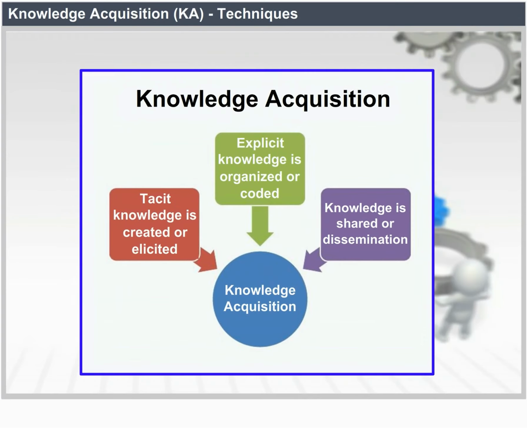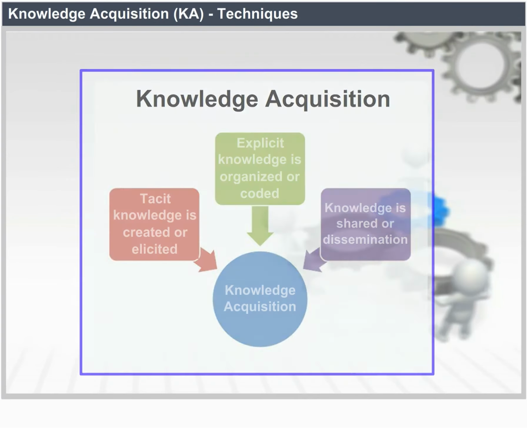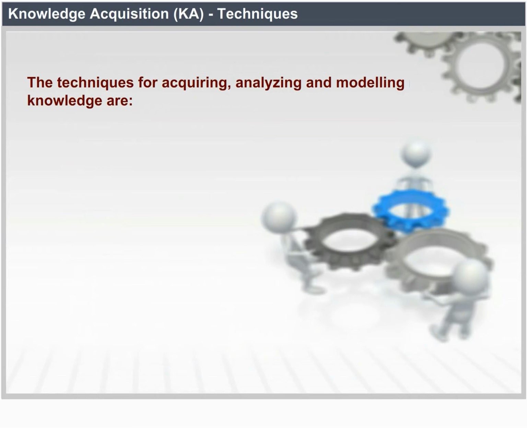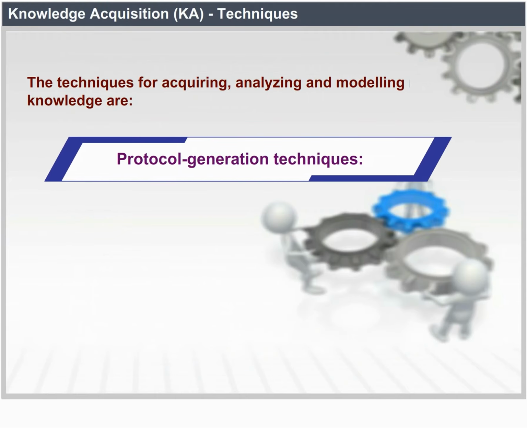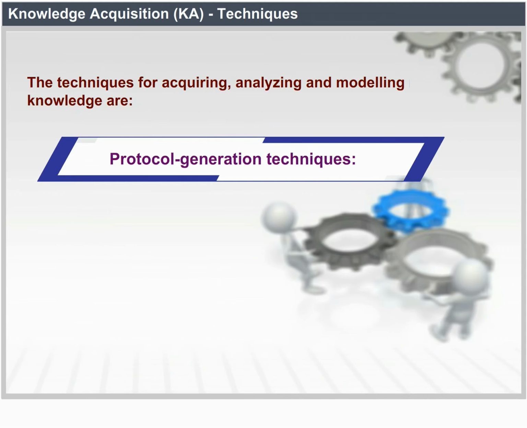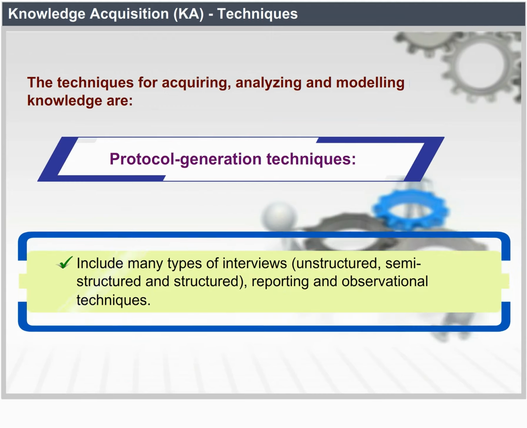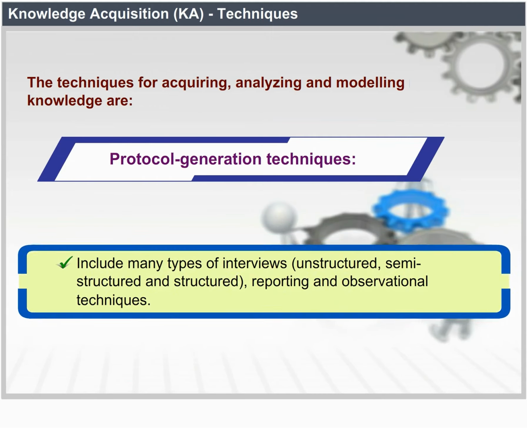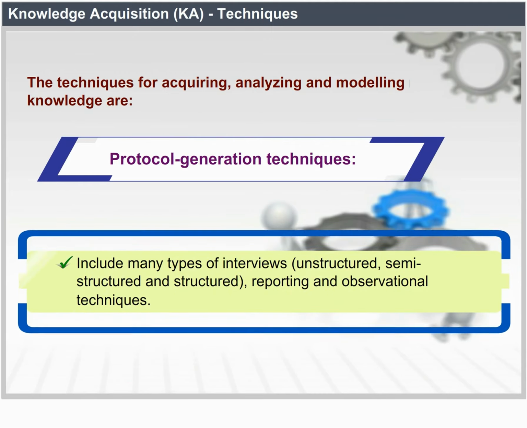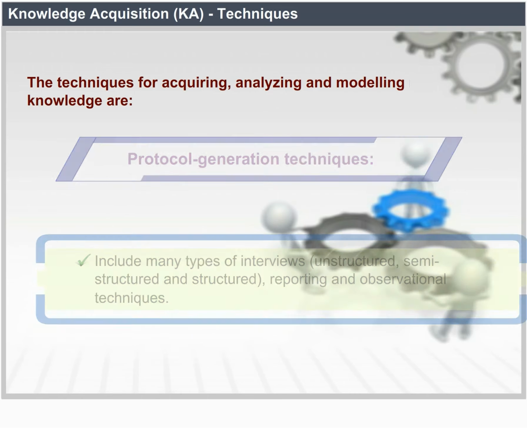Knowledge acquisition (KA) techniques. The techniques for acquiring, analyzing and modeling knowledge are: Protocol generation techniques, which include many types of interviews: unstructured, semi-structured and structured, reporting and observational techniques.